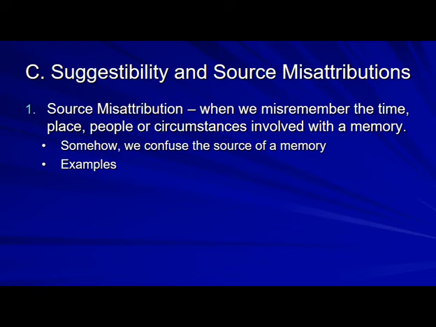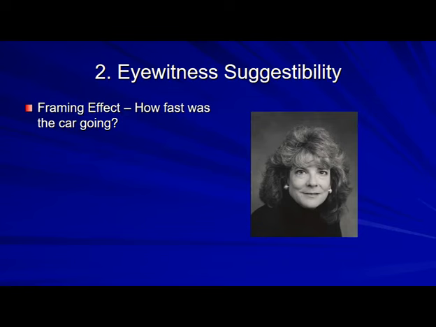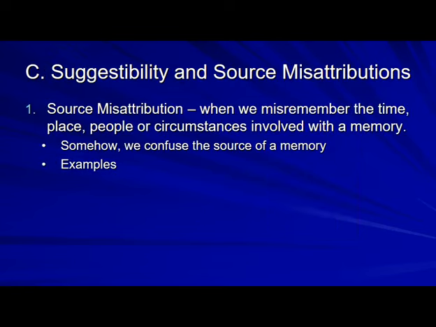Somehow we confuse the source of a memory. Some examples of this kind of source misattribution: in the Roediger-McDermott DRM paradigm we did in class, where I read those lists of words related to one critical lure word and you misremembered that word. That's a source misattribution.